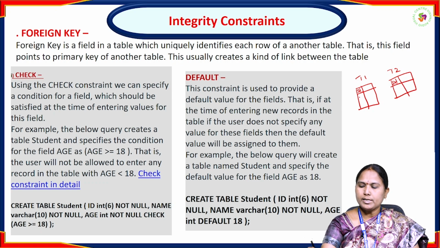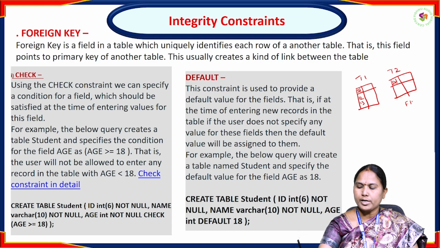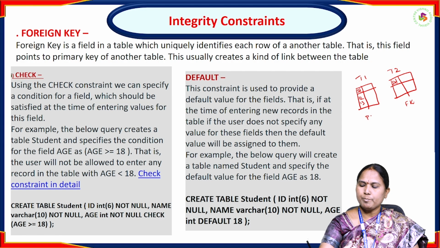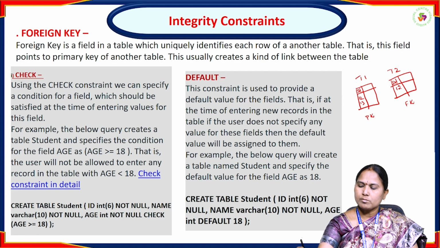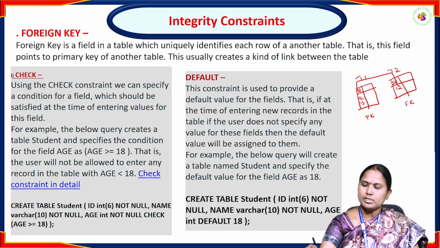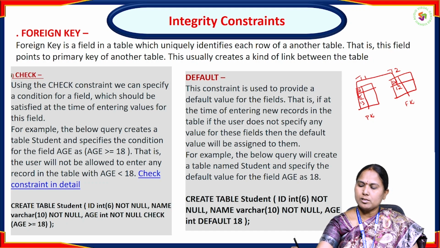So with values 12, 13, in this case this is the reference table, this is the foreign key table, this is the primary table. If you are inserting value 12, it will be redirected to this 12. If it exists, this row is acceptable. Suppose I am inserting 15 here, it will verify there is no 15. This row will not be acceptable for the T2 table. Why?